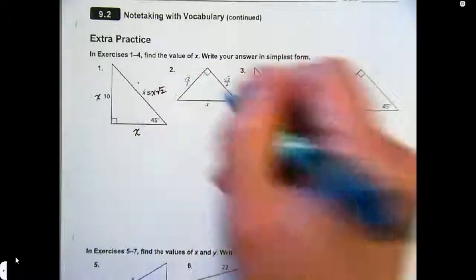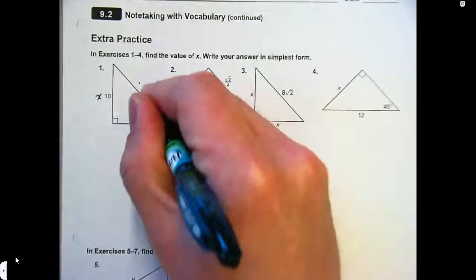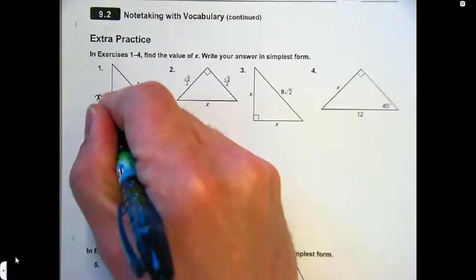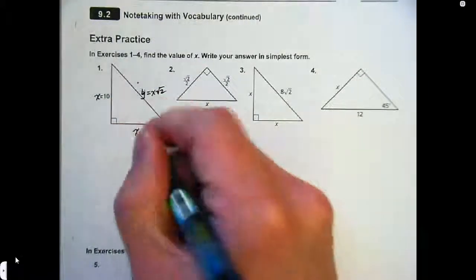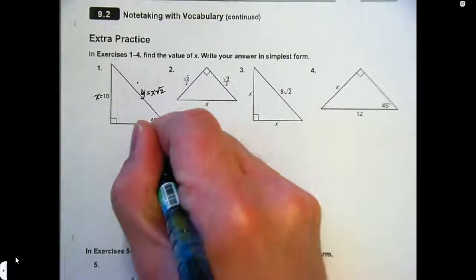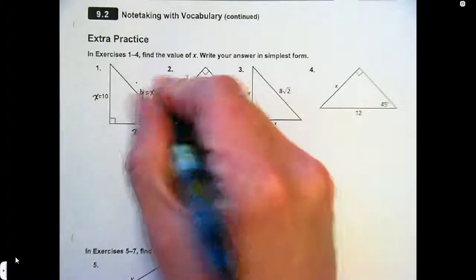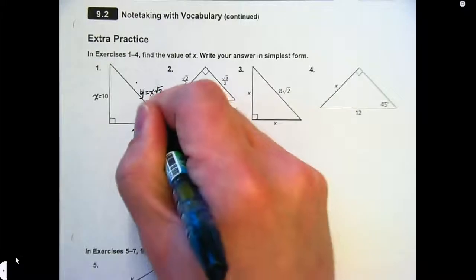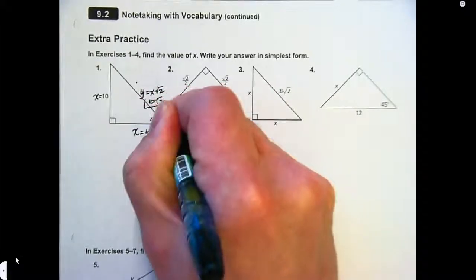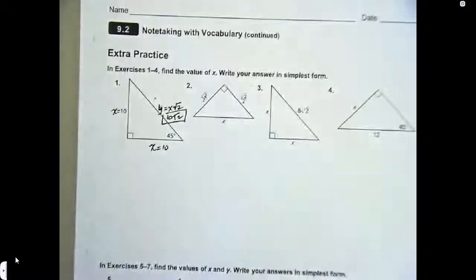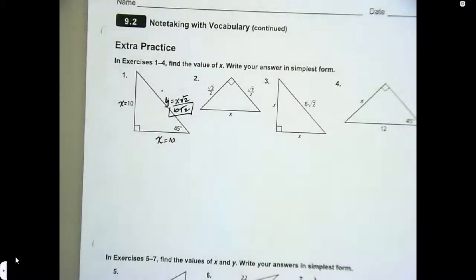Now, it says x and x root 2. I know that's kind of weird, so I might just call that y for a minute to make it easier. Hey, I have 3 equations right now. I have x equals 10. This is also equal to 10. And this is x root 2, which if x is 10, that's 10 root 2. Jordan, did you say 10 root 2? Hey, you're correct. Jordan, you get a point for your team. Nice job.